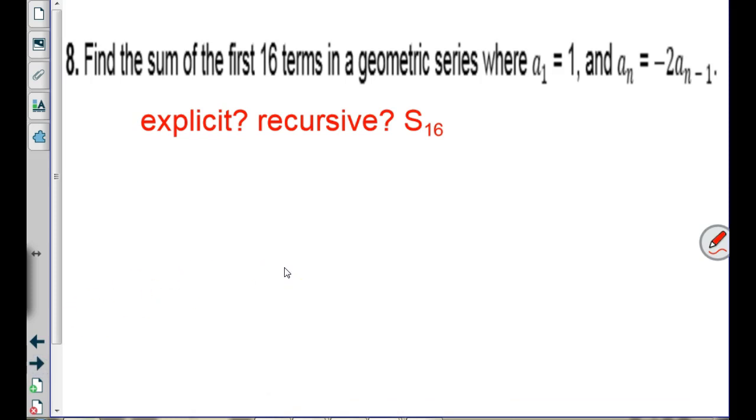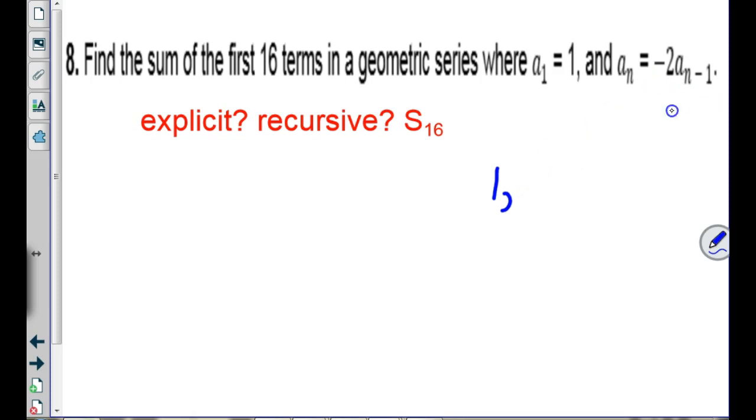All right. Find the sum of the first 16 terms. Is this formula explicit or recursive? That's recursive, right? Can you tell me what the sequence would look like? You don't really know what a recursive sequence is, guys?